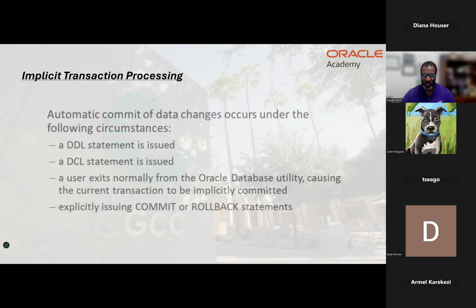All right, automatic commit and data changes occur under the following. Yeah, so DDL, DCL, well, DML to a point too. Basically, you don't want to run these queries one at a time, and you can do this in Oracle Developer. You put 20 queries in there.